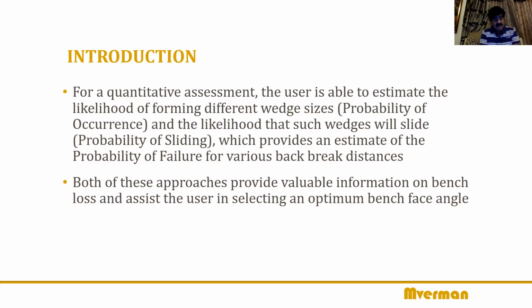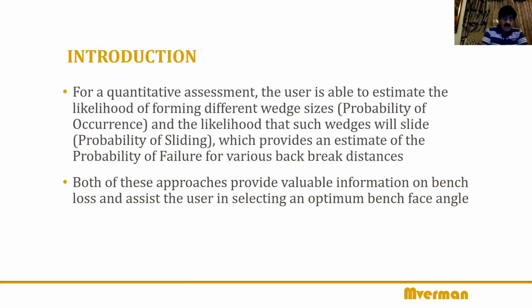And we'll see that by the time we reach the end of this tutorial, we'll look at the probability of failure, which is based on the probability of occurrence of wedges and probability of sliding of those occurred wedges.